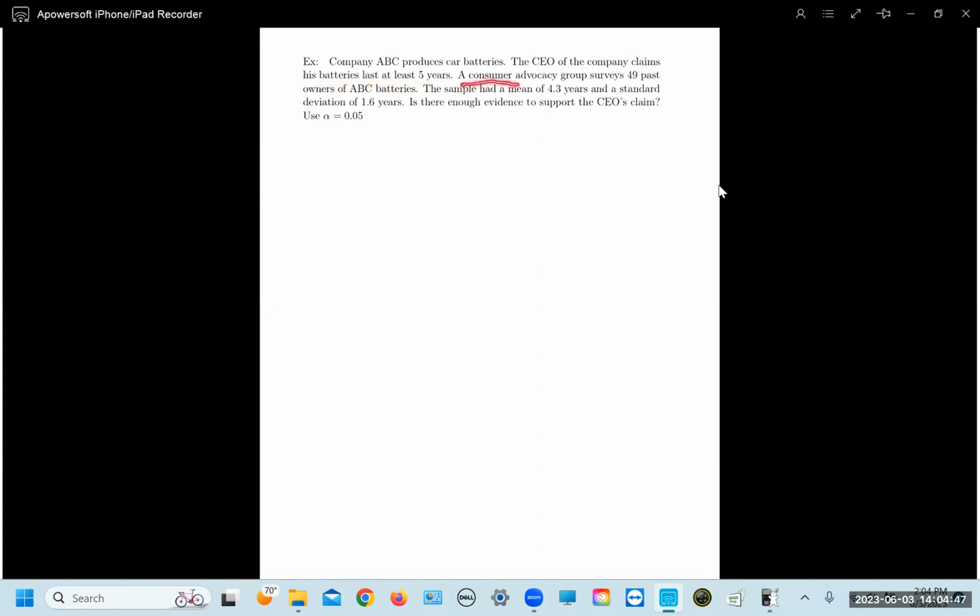A consumer advocacy group surveys 49 past owners of the ABC battery. The sample had mean 4.3 years and the standard deviation is 1.6 years. Is there enough evidence for the CEO's claim or not? We use alpha equals 0.05.